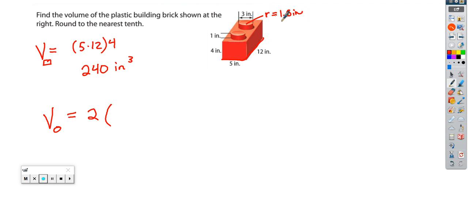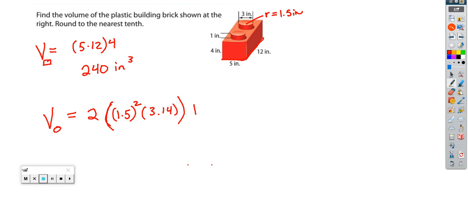The diameter is 3, the radius is 1.5. So 1.5 squared times 3.14. That's the area of my base. And then the height it tells me right here is 1.